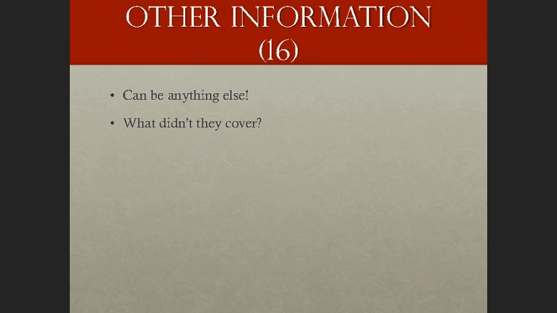Section 16, as we get closer to wrapping up here, can be anything else. If they didn't cover it in the first 15 sections, or if we find a way to invent a new chemical that we haven't really appropriately addressed, we might find that information stuck in Section 16.